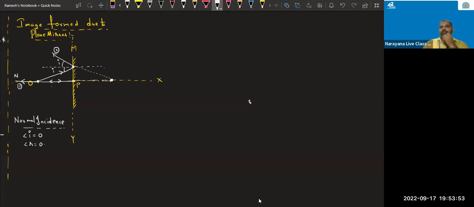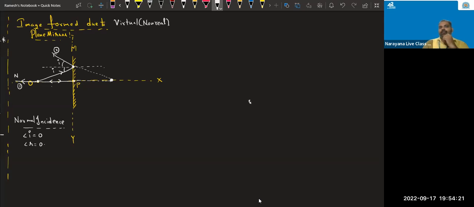Truly, they are not meeting; the light ray does not break the mirror. Apparently, if there is a gap, it means they are about to meet. Correct or not? So, virtual. Virtual means what? Non-real, not really.